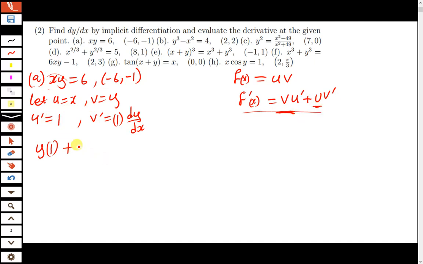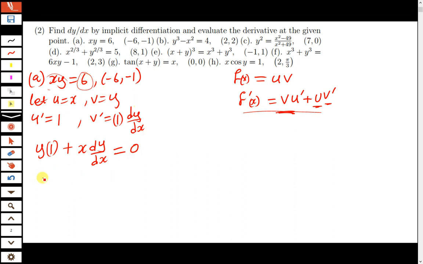The value of u is x, and v prime is simply dy/dx. Then this is equal to the derivative of 6, which is simply 0.